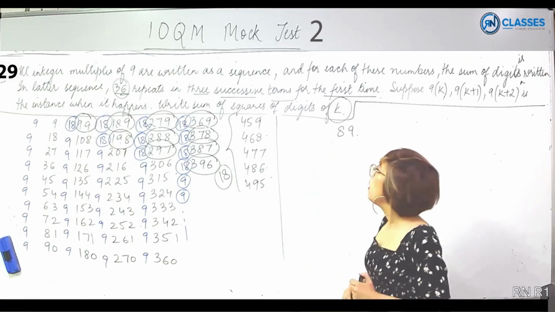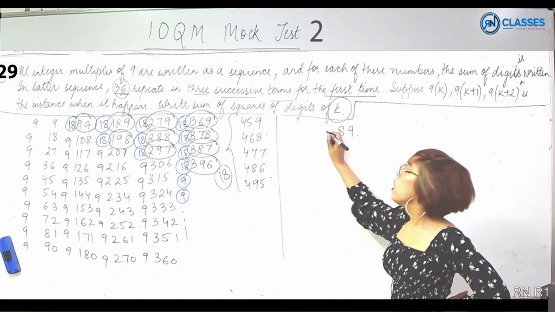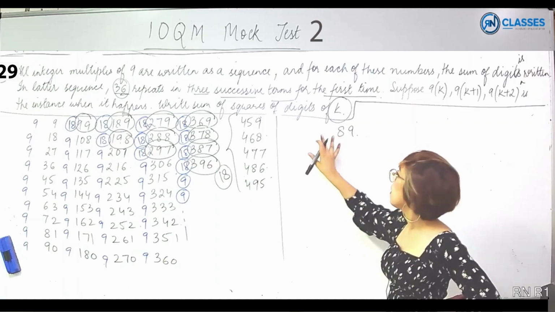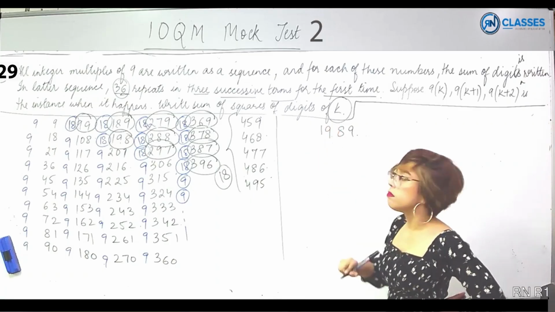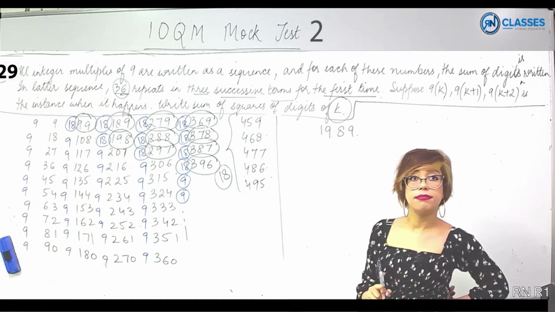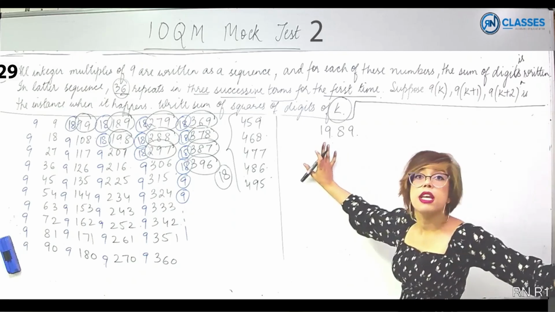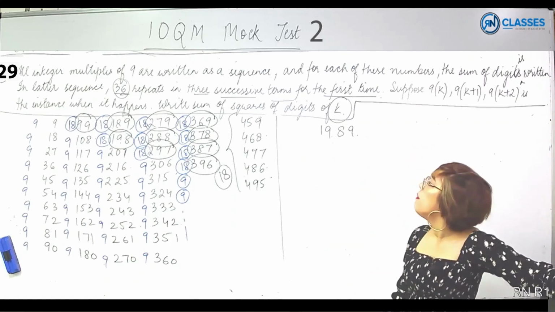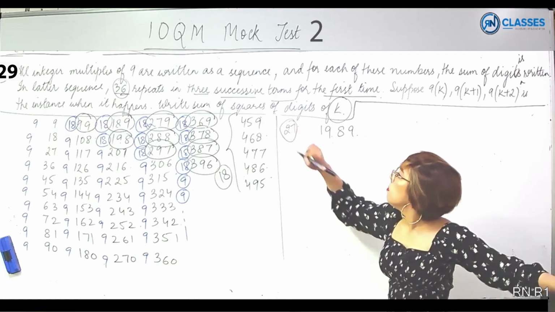So here is 89, and now this is 17. I need 27, so here it should be 10. So maybe I can put 1, 9. What else could it have been? So that means this is also one such number. This is a 4-digit number where the sum is equal to 27. Okay?